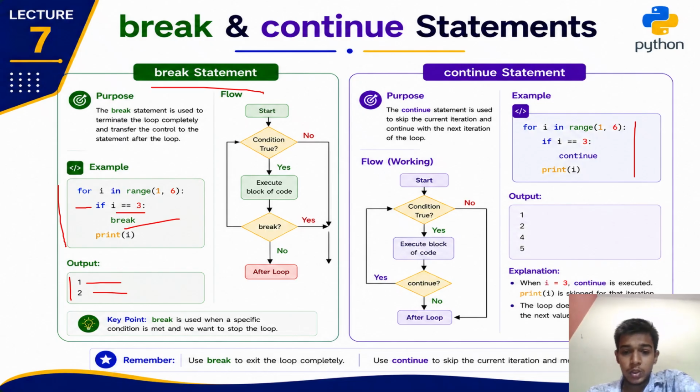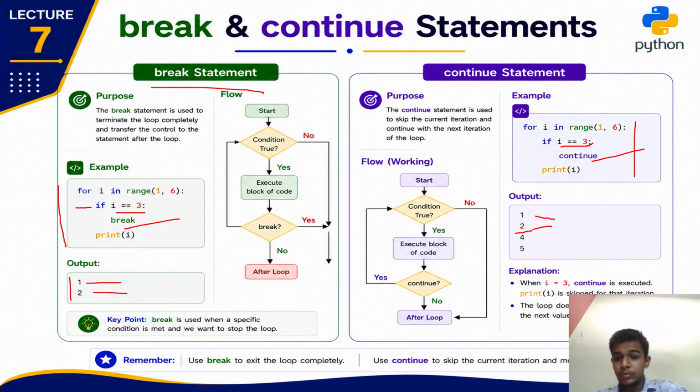The loop starts with 1, so Python prints 1. Then it prints 2. Now, when i becomes 3, the condition i equal to 3 becomes true. Now the condition is true, so Python executes the continue statement and nothing is printed in the place of 3. You can see here nothing is printed. The 3 is skipped.